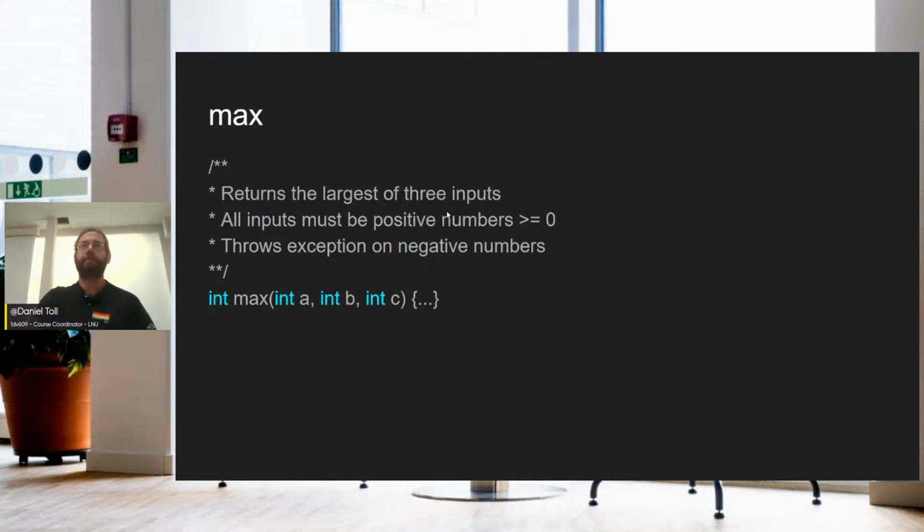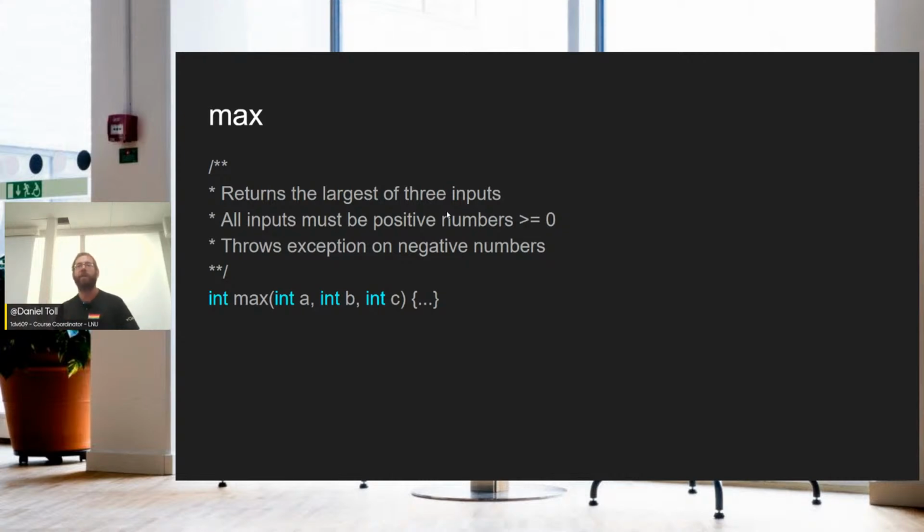Yes? When we test, for example, this function with the invalid input, do we make one test for each input? A is negative or B is negative. Yes, so I get the question, do we create one test case for the case where A is negative, B is negative, and C is negative?